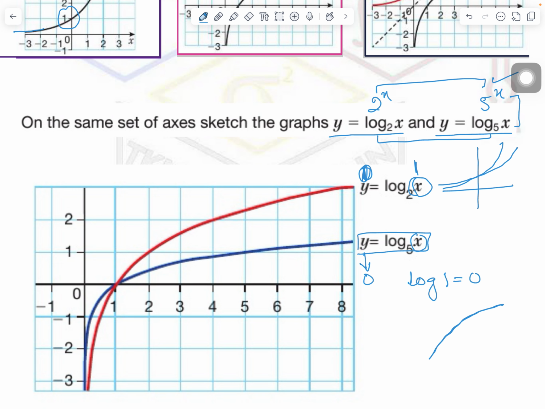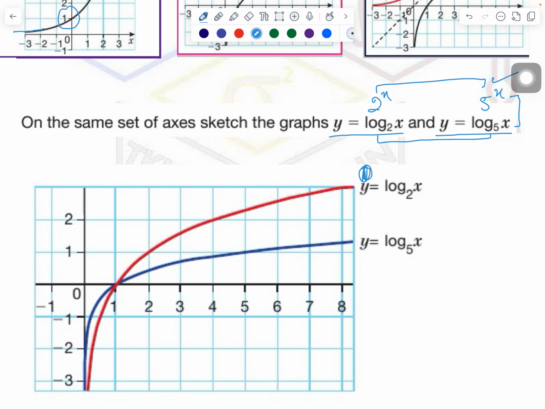I know in the sketch of log, the asymptote will be a vertical line. And for that, how will you figure it out? Whatever is the function written here, you will say greater than 0, because log is defined for positive values only. So this helps you to know where you will draw your asymptote. It is x greater than 0.